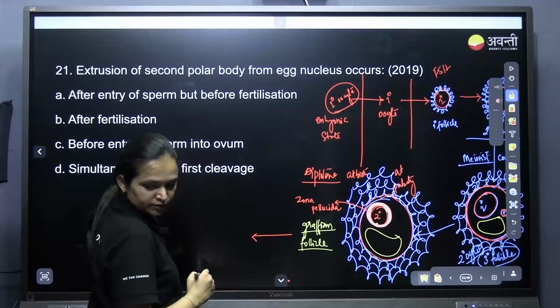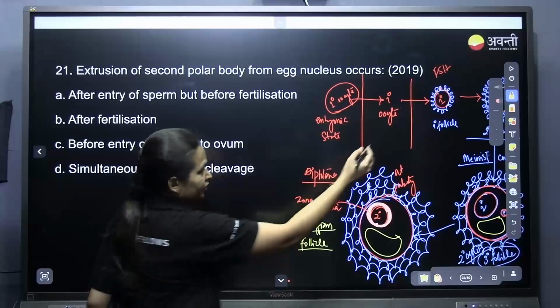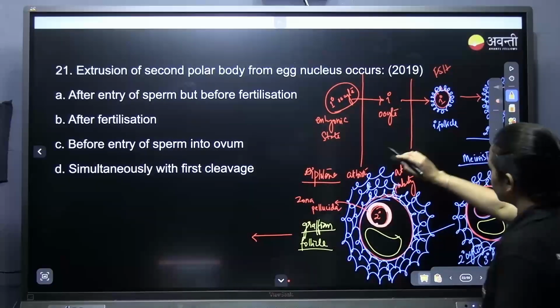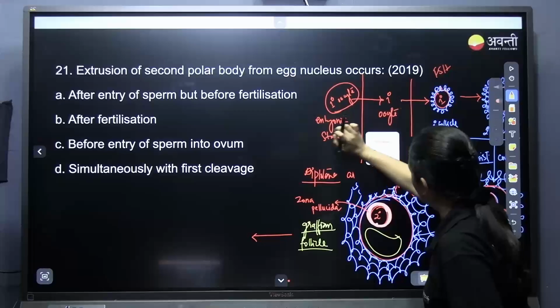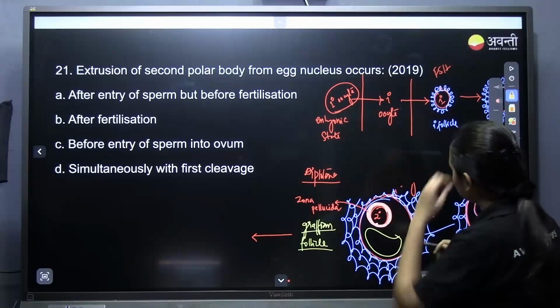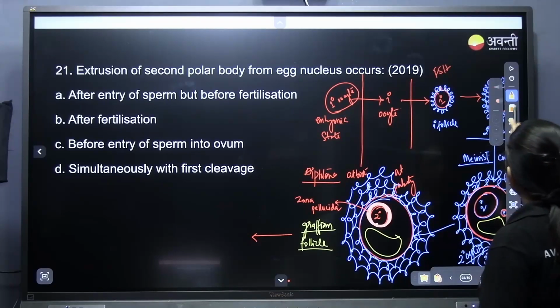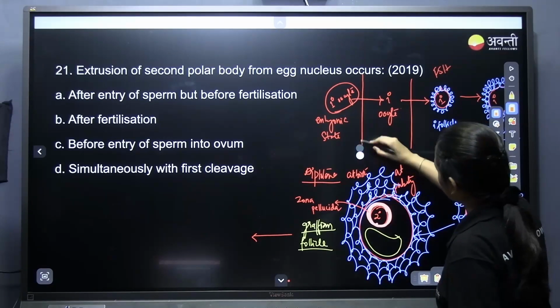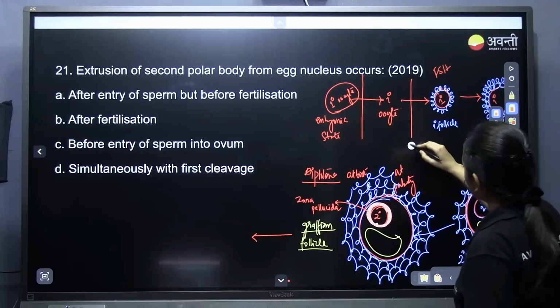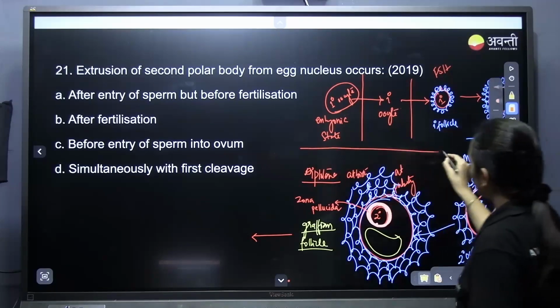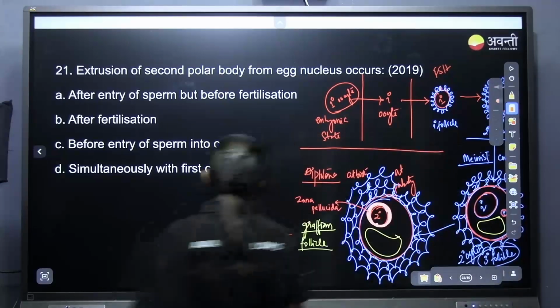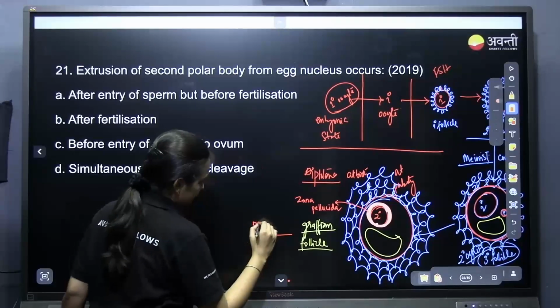Now it is a secondary oocyte. The ovulation takes place after this. I'm sorry for being a little hodgepodge. Here ovulation takes place.